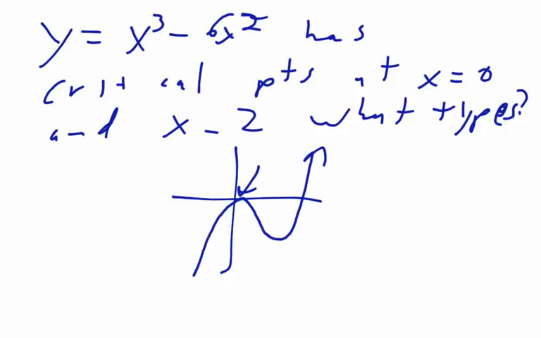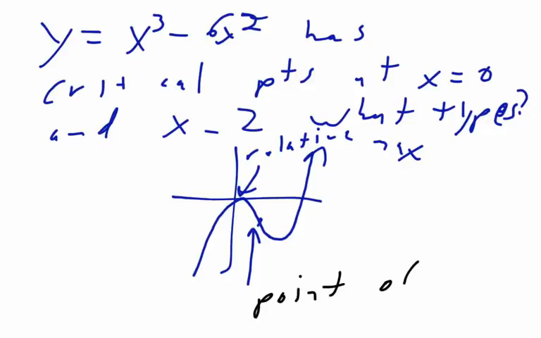And x equals 0 has a relative maximum. About right here is where x equals 2 is, and since that's not a maximum or a minimum, the only other choice that we have is that that was a point of inflection.